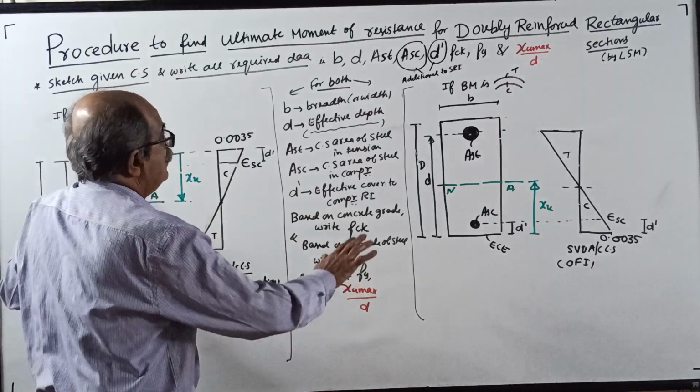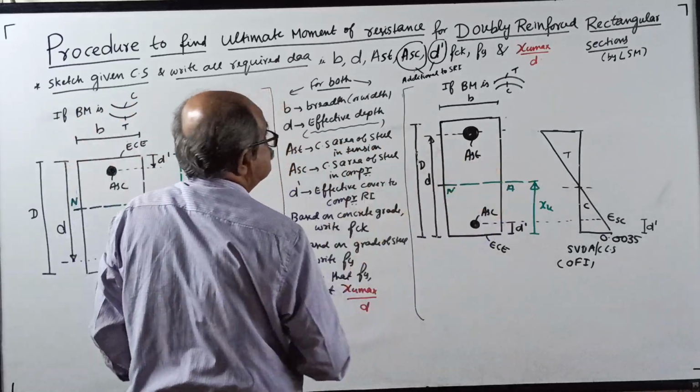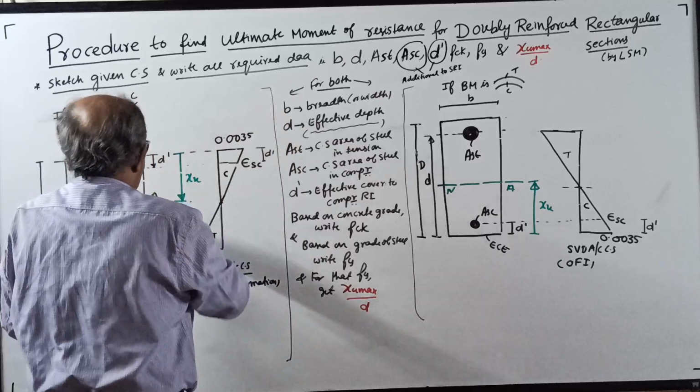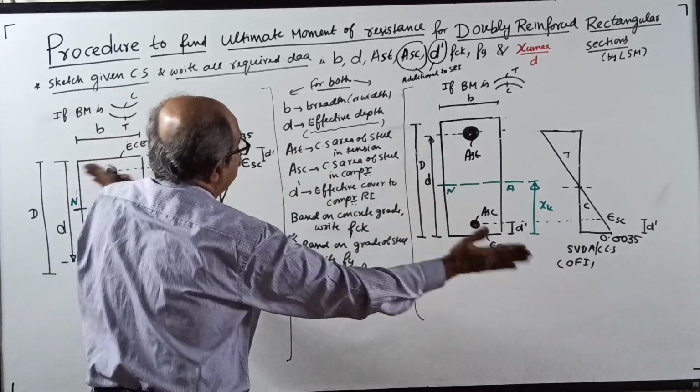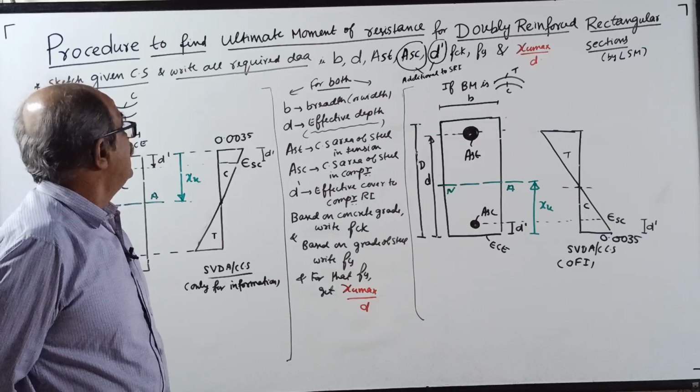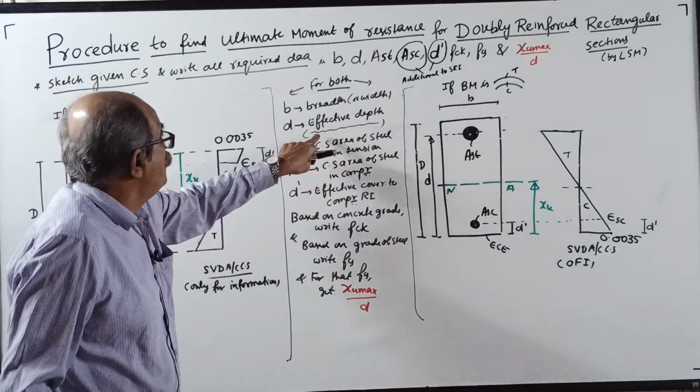Okay. Now, write both the cross sections. Now see, a systematic way, one by one, common for both. B stands for breadth or width. D, effective depth. If you want, you can write here.